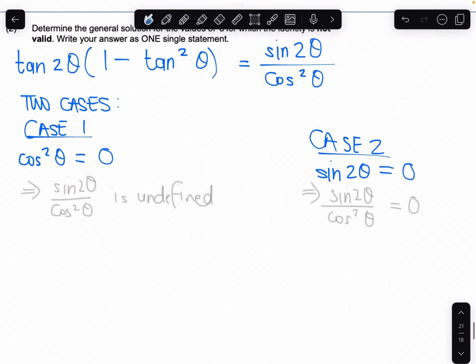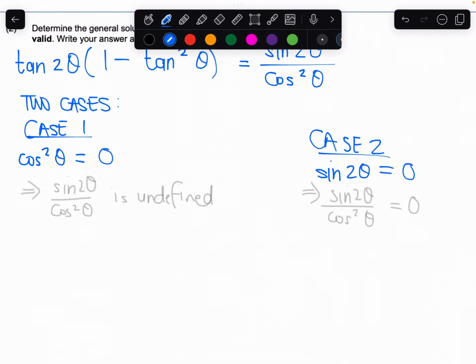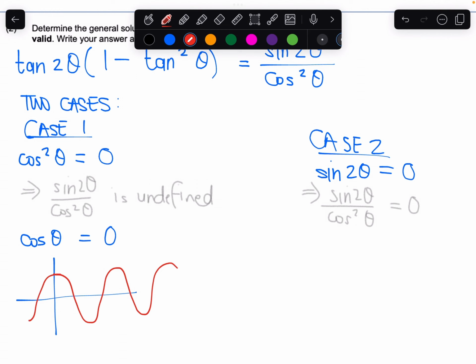So let us see. In this case, we're looking for where cos theta is equal to 0, right? And like I said, if we look at the cos graph, where does this occur? This is 90 degrees, this is 270 degrees, this is 450 degrees, this is minus 90 degrees.